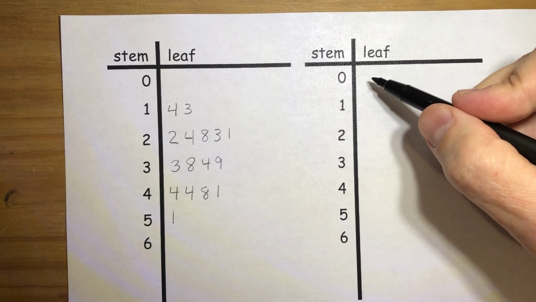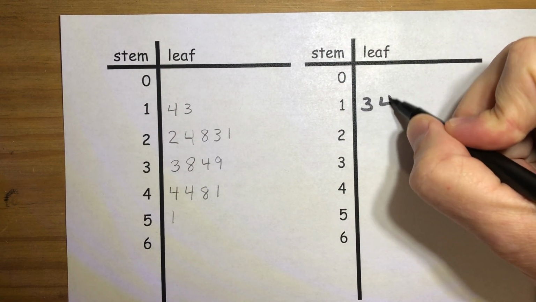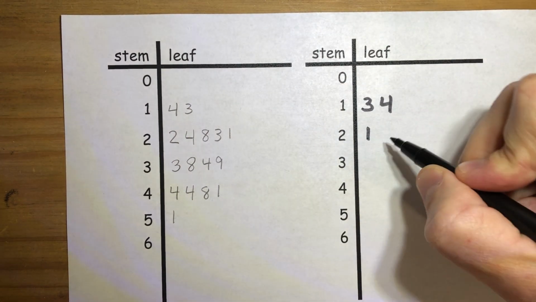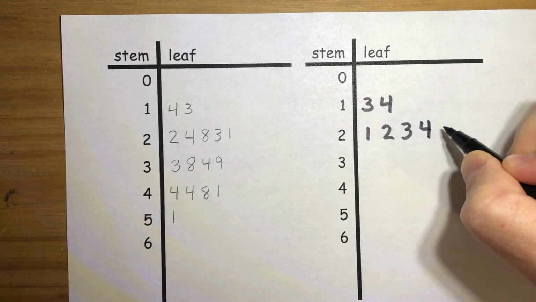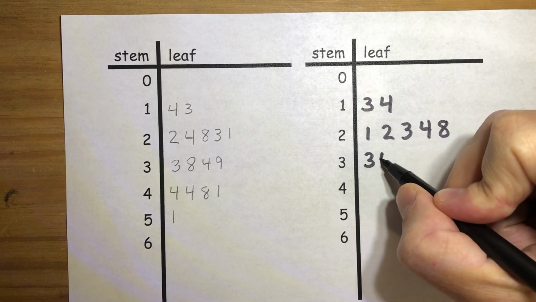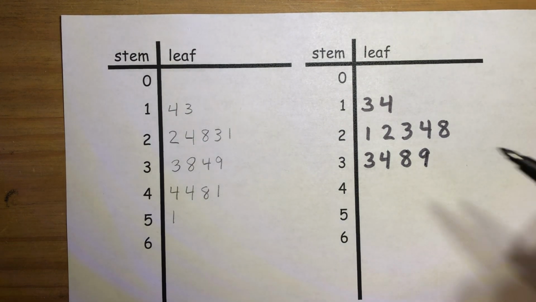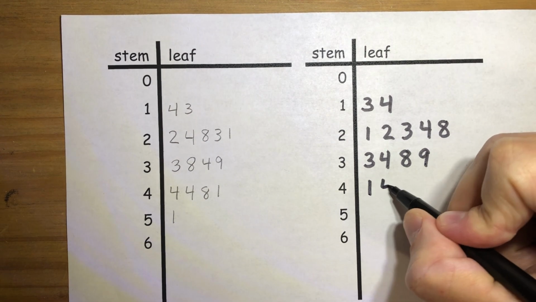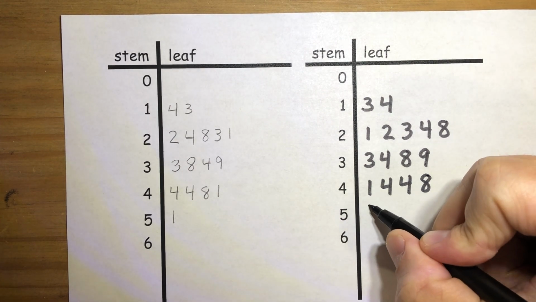So there's no data in the 0 stem, but there's both a 3 and a 4 here. Here we've got a 1, a 2, a 3, a 4, and an 8. In the 3 stem, 3, 4, 8, 9. In the 4 stem, 1, 4, 4, 8. And the 5 stem's got a 1.